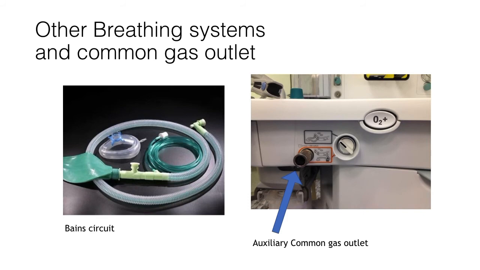It is therefore particularly prudent to check that the auxiliary common gas outlet is selected if you're using an alternative breathing system, and that once it is no longer in use and you are using the circle system again, the dial is set to the circle system.